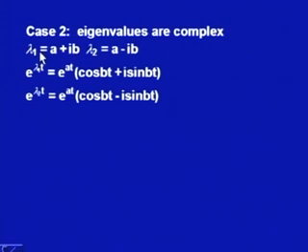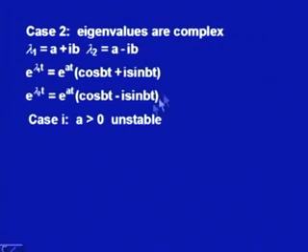Then e^(lambda 1 t) is written as e^(at + ibt), and e^(ibt) is written as cos bt plus i sin bt. Similarly, corresponding to lambda 2, we can write e^(lambda 2 t) as e^(at) multiplied by (cos bt minus i sin bt).